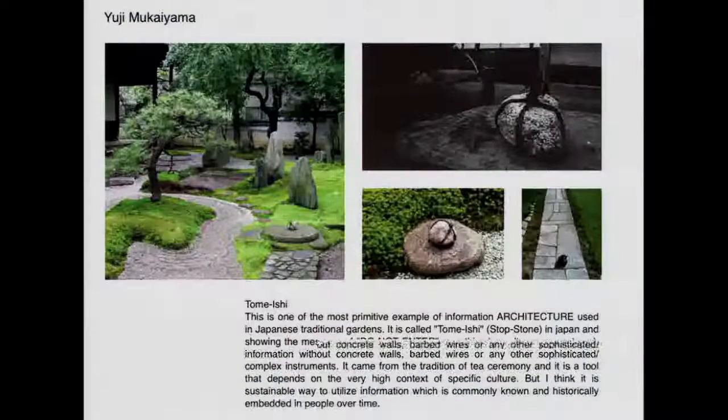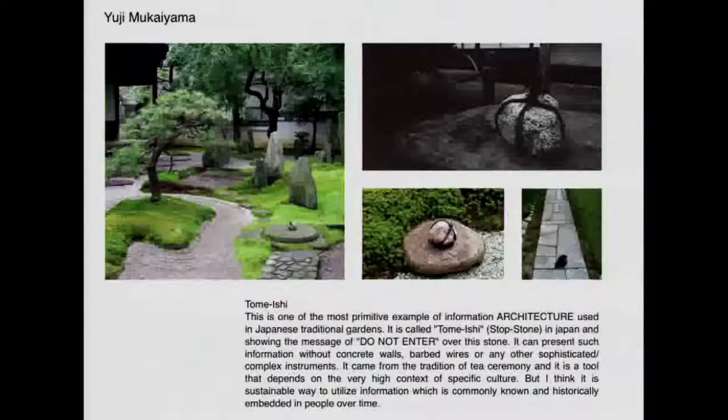We don't need any specific or sophisticated instruments for showing such information, and I think it's very interesting for us. And most interesting for this stone is that it's connected deeply to one specific culture or specific context of tradition. I think that's all.